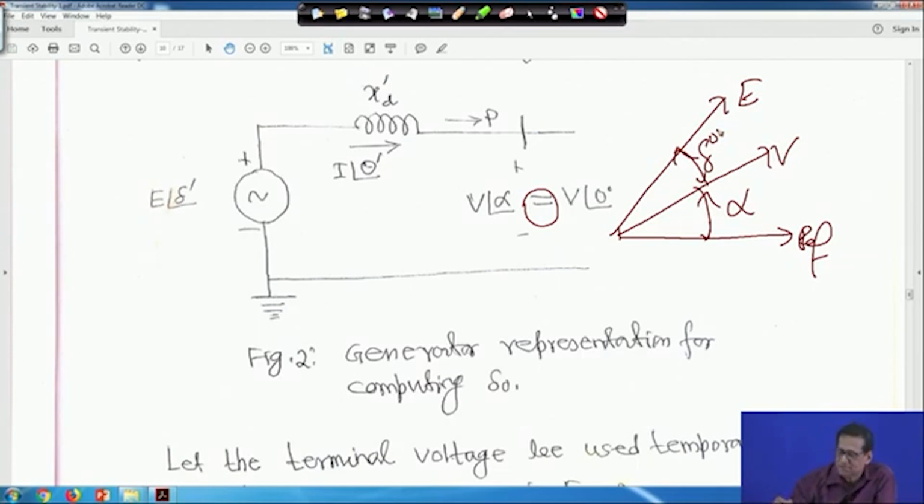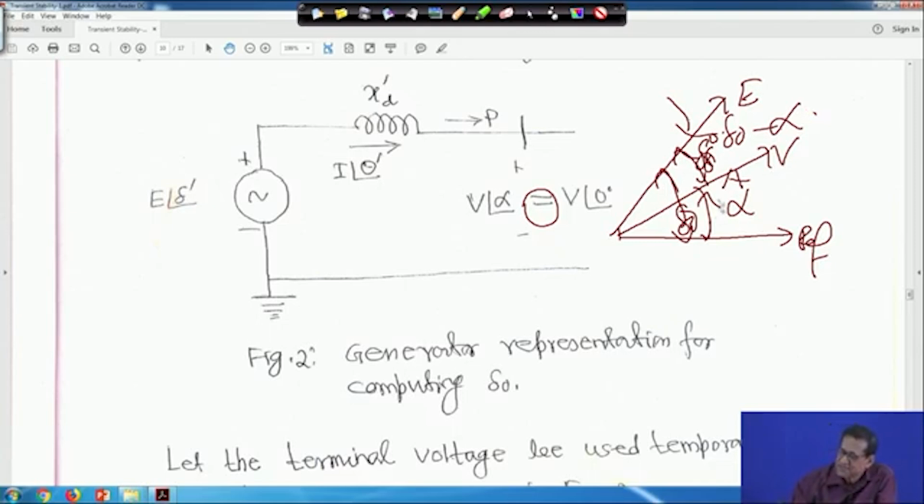So this is my reference, this is V, and this angle is delta 0. With respect to the reference delta 0, this angle will be delta 0 minus alpha, right.